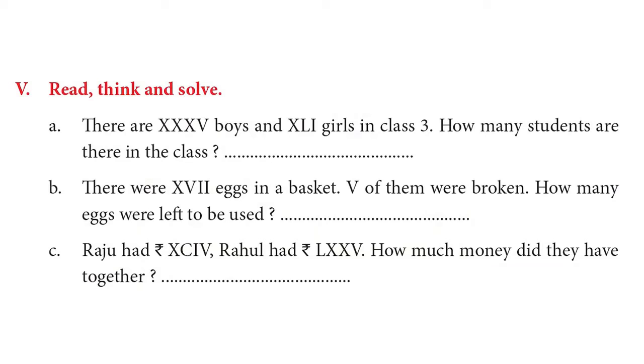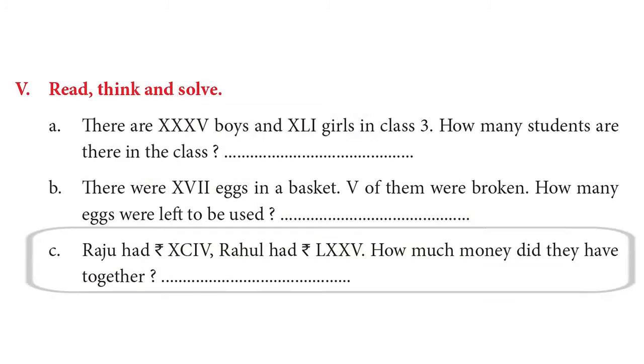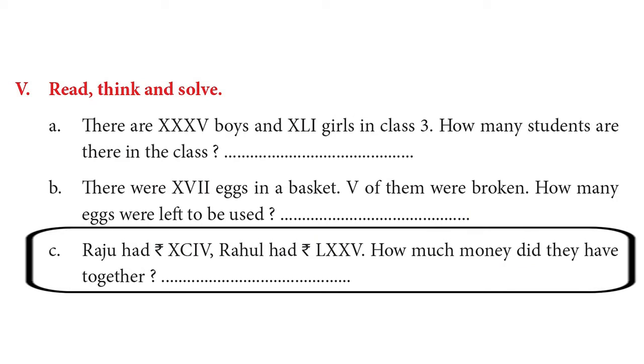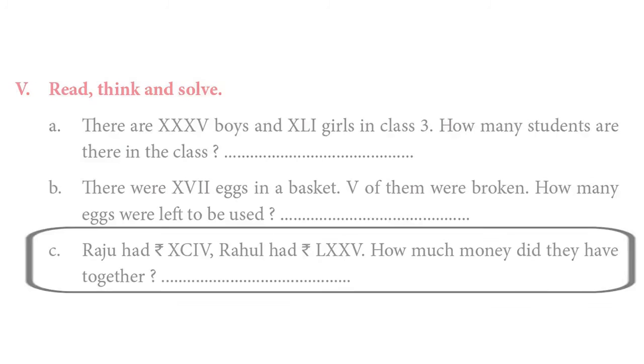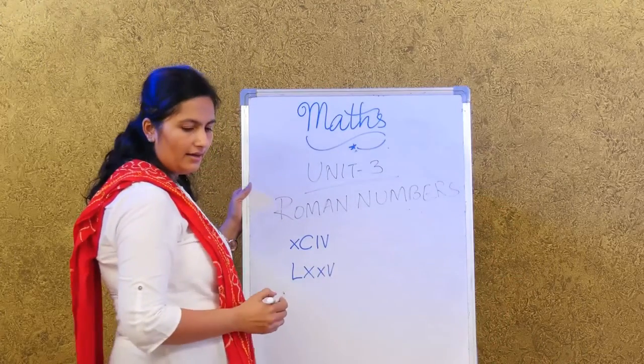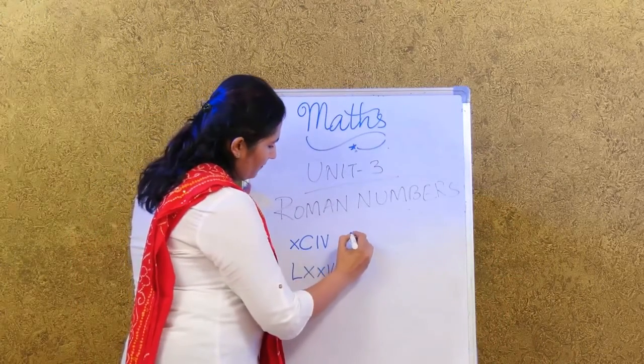Alright, let us look at one more example at the C. Raju had 1 4 and Rahul had, how much money did they have together? So, let us find out what these are.